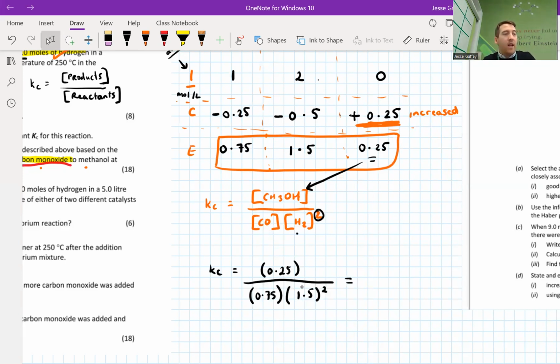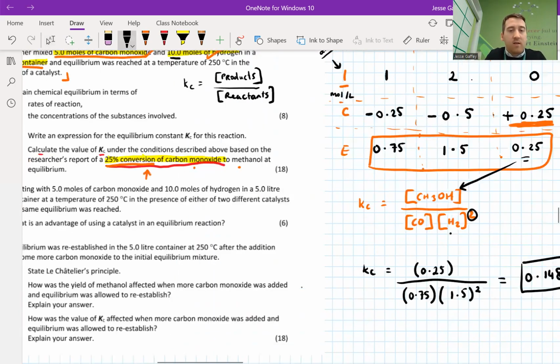Now we're going to put that in our calculator, and we should get Kc equals 0.148. We'll put a box around that. That's our final answer for this calculation.